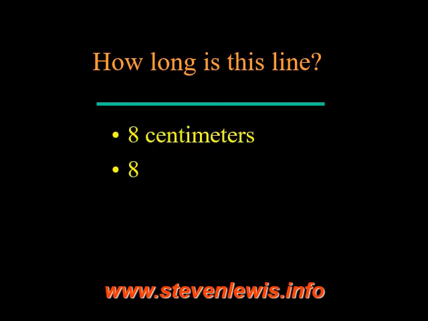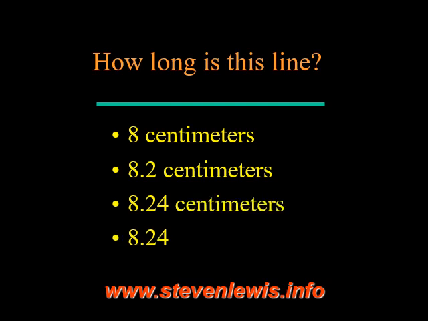Let's say we measure this line using 4 different rulers. Using the first ruler, we measure the line at 8 centimeters. The second ruler measures the line at 8.2 centimeters. The third ruler measures the line at 8.24 centimeters.